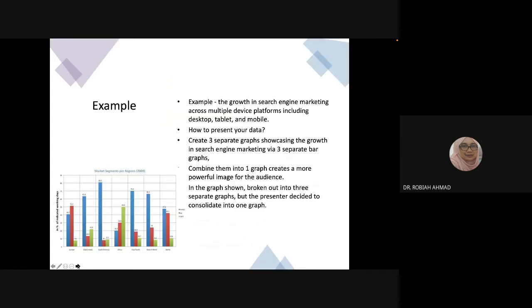Okay, for example here, this is one example that I have from the internet. The example shows the growth in search engine marketing across multiple device platforms, including desktop, tablet, and mobile. So there are three types of device platform: desktop, tablet, and mobile.